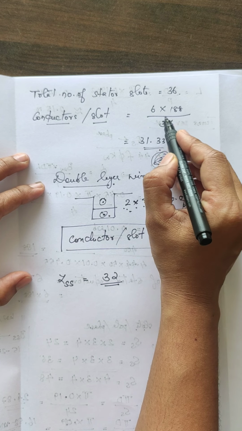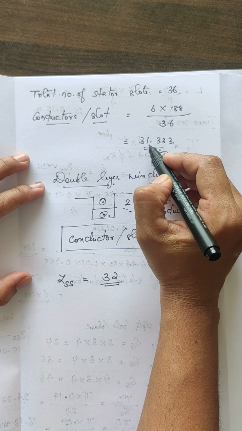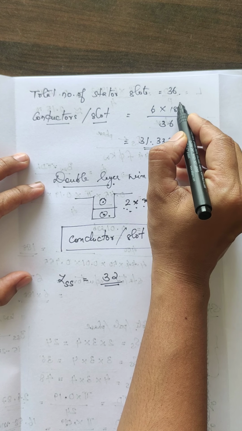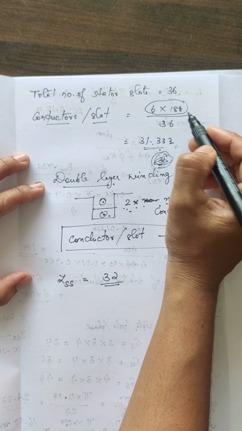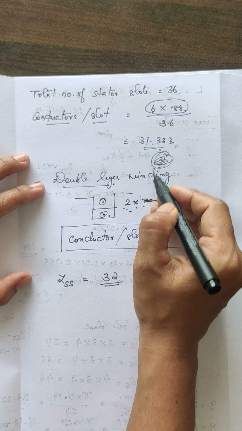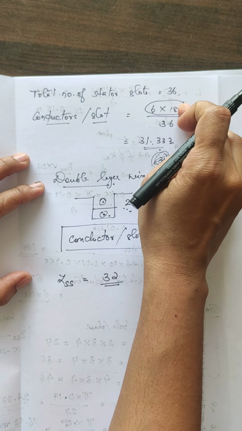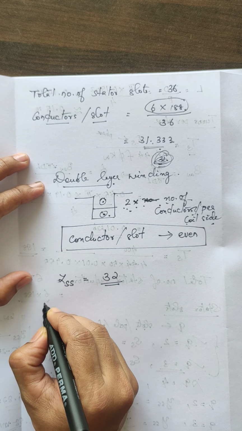So we got conductors per slot as 31.33 with our calculated value of total number of conductors, but we have chosen some other value, that is 32. So with this value 32, we have to recalculate the total number of conductors.